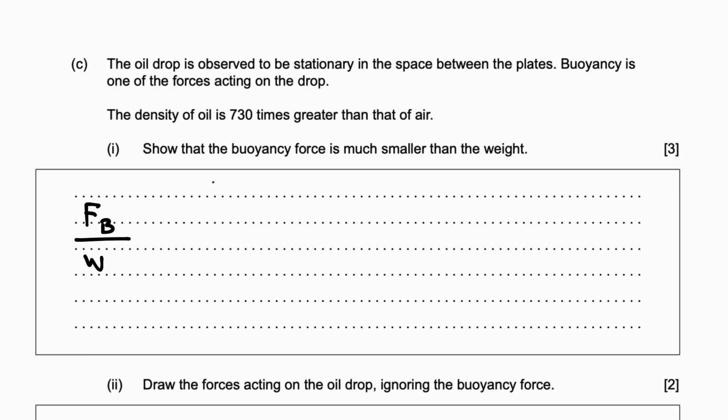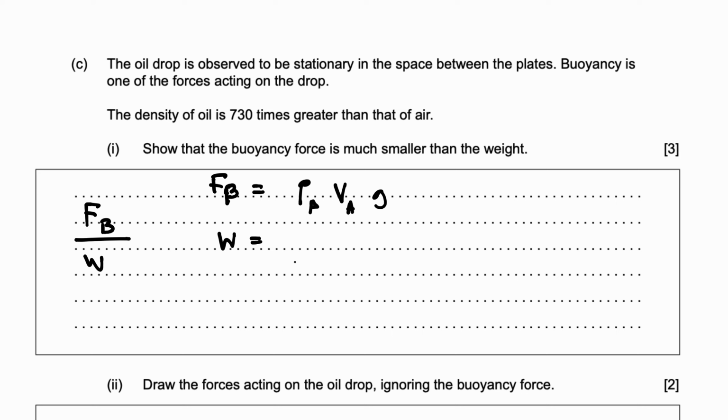The equation for buoyancy, Fb, is equal to rho A, the density of air, times the volume of air displaced times gravity. Okay, and weight, as we know, is mass times gravity, and mass can be said as volume times density.